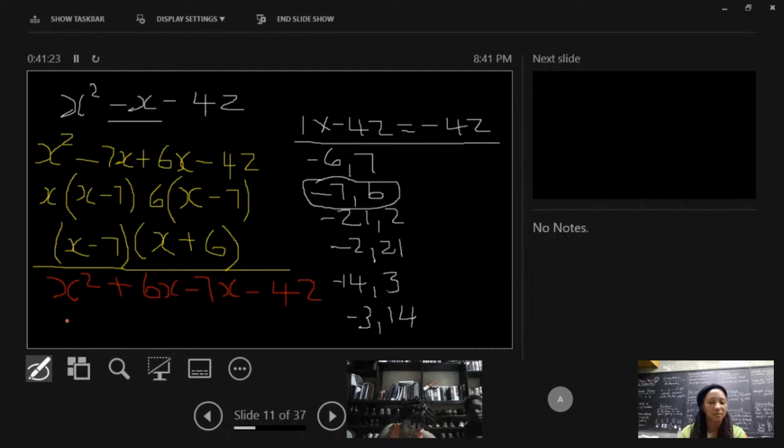So miss, you put the like terms together, which would be this negative 7x and 6x. So negative 7x plus 6x would give you a negative x. So miss would first put back the x squared and then it'd be minus x minus 42. All right. And is that what we started with? Yes, miss.